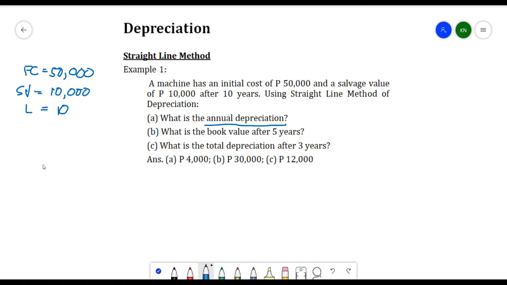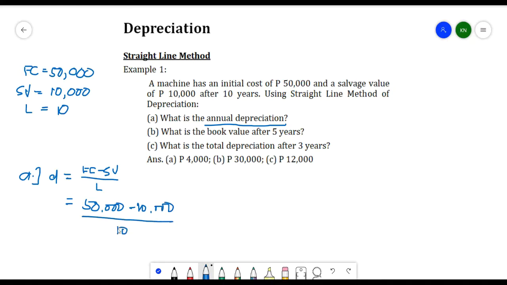Annual depreciation is just our D. The formula is D equals FC minus SV all over L. Plugging in the values, FC is 50,000, SV is 10,000, divided by L which is 10. If you calculate this, it is equivalent to 4,000 pesos. And that is for A.